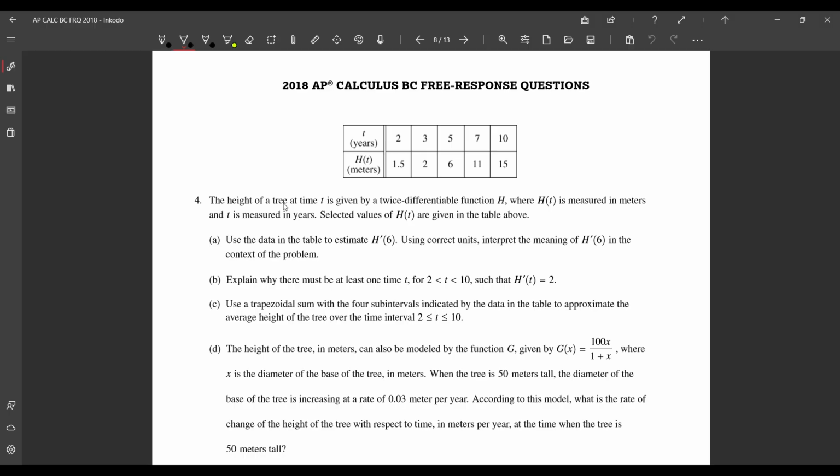The height of a tree at time t is given by a twice differentiable function h. So we're given some values of h. Estimate h prime of 6. Okay, so this is meters and this is years.